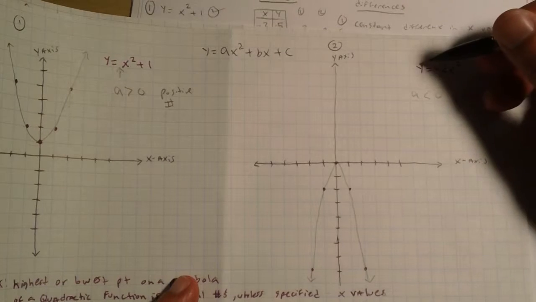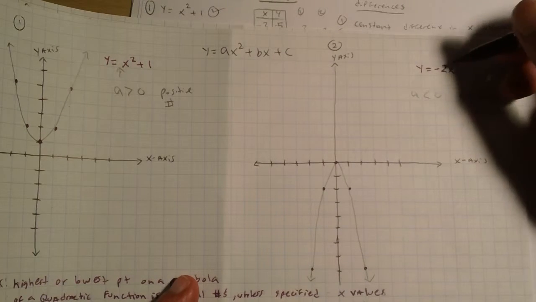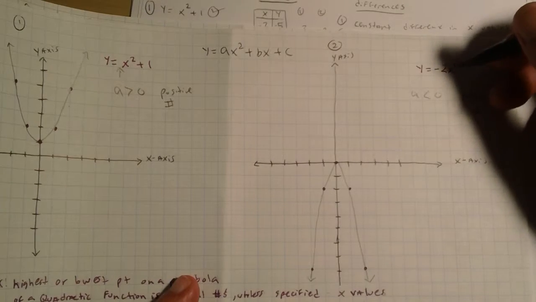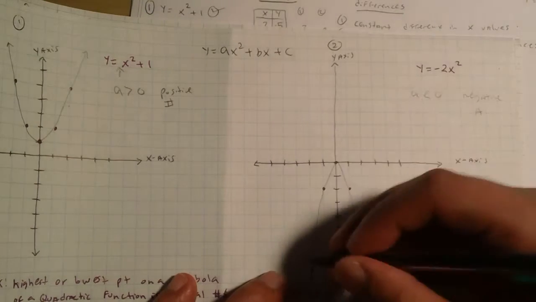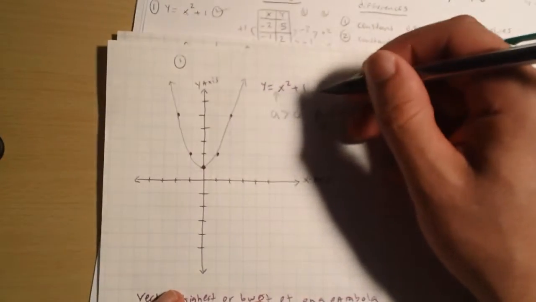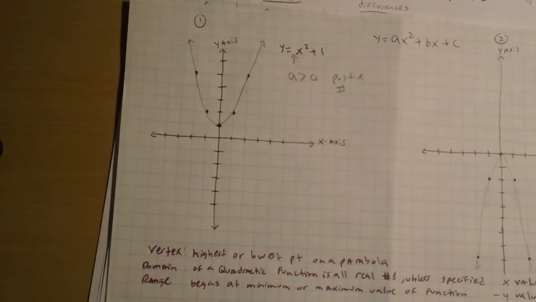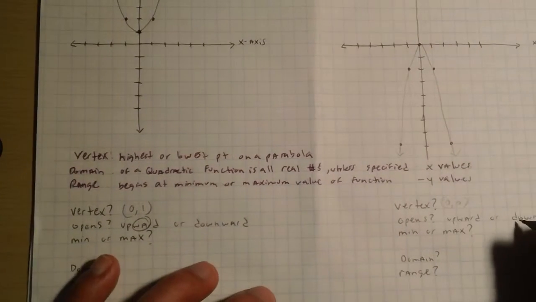Like right here, we have y equals negative 2x squared. So we're going to have a negative face or a sad face. In our equation over here, we had y equals x squared plus 1, and we have a positive value here for a. So we have a happy face. Okay, so this one opens downward.